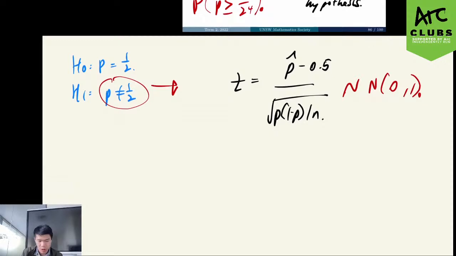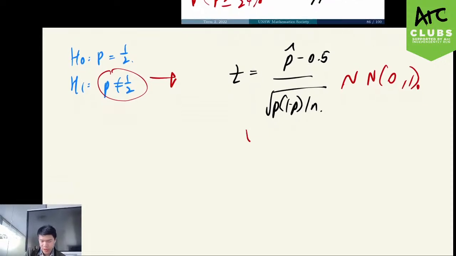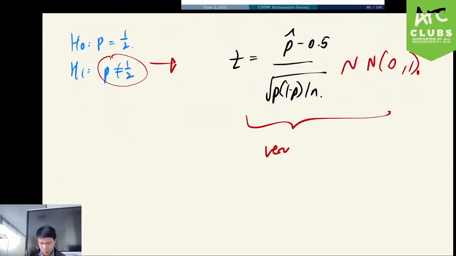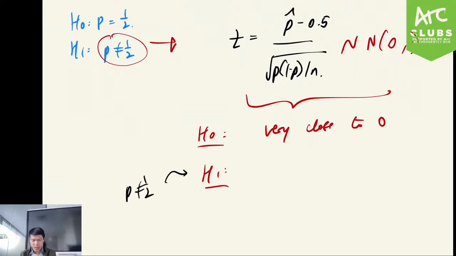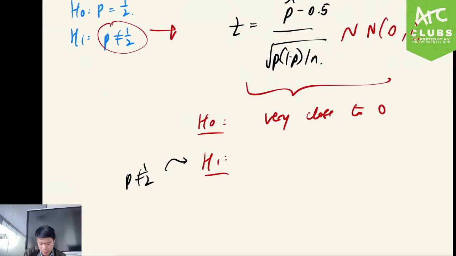Basically, if P is equal to a half, this thing is going to be very, very close to 0. But if P is not equal to a half, then it's going to be very far away from 0.